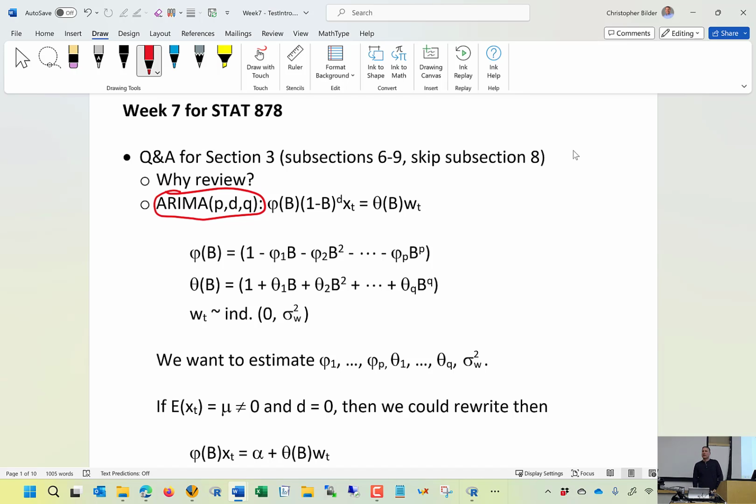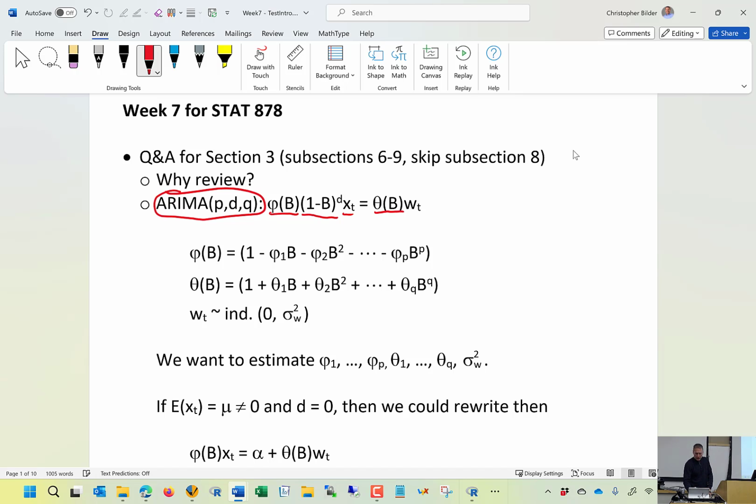So this is what the model looks like. It's not your standard regression model that you would see in most other stat courses out there. At the very beginning we have the autoregressive operator, which we call phi of B. Then we have the part that allows us to do differencing, to take care of non-stationarity in the mean. Our variable of interest is x, indexed by time, so that's the subscript t.